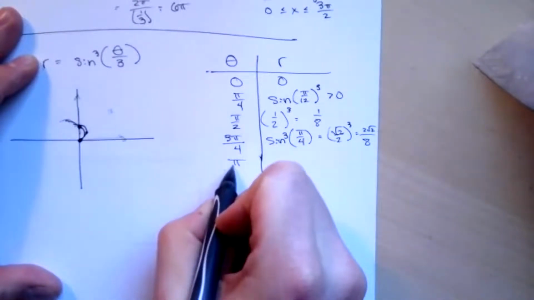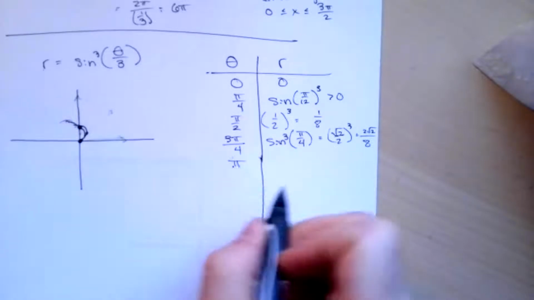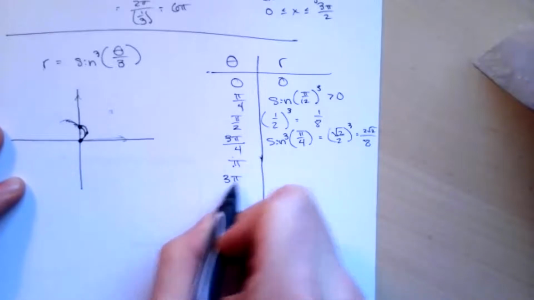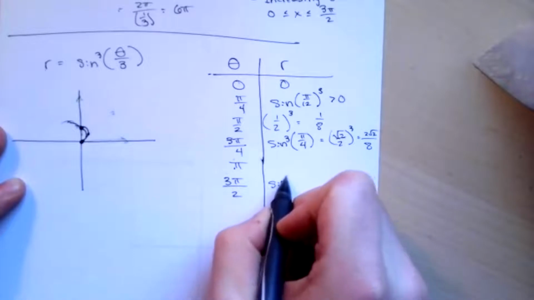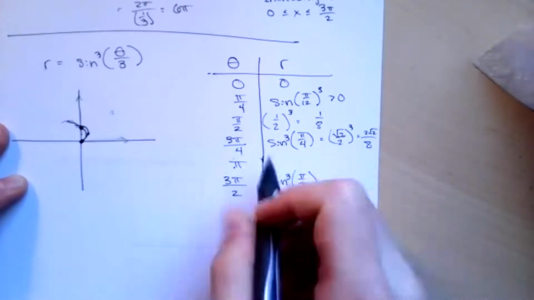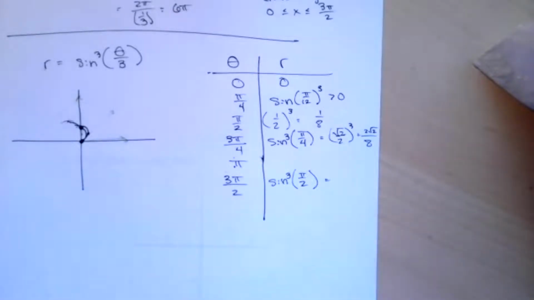And so we've got pi. The next one would be 5 pi over 4, but 5 pi over 4 we're not going to be able to plot. So let's just go ahead and jump to 3 pi over 2. And when we have 3 pi over 2, that'll give us sine cubed of pi over 2. You could plot pi over 3 too. Pi over 3, that would give us sine of pi over 9, would it not?